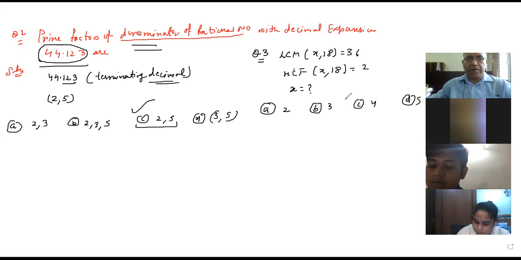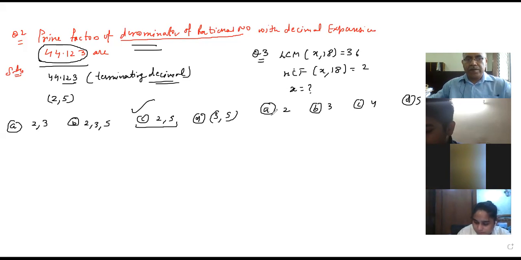What should be the answer after Aditya? The second turn is of Amritpreet. Sir, x should be 4. Aditya is saying x must be 4. Amritpreet, what do you say? This is the answer of Aditya.